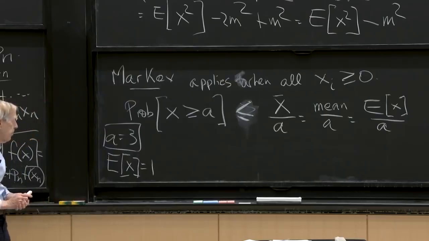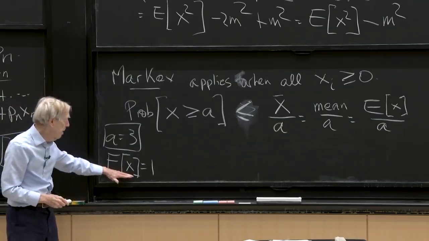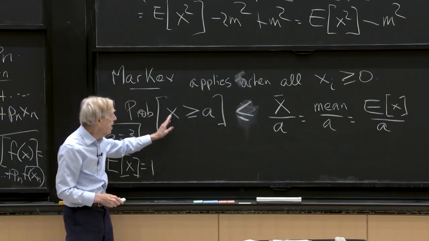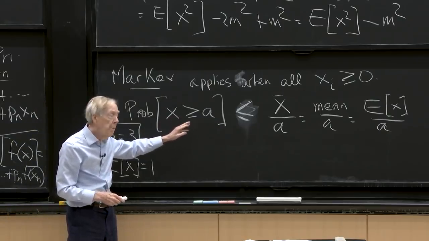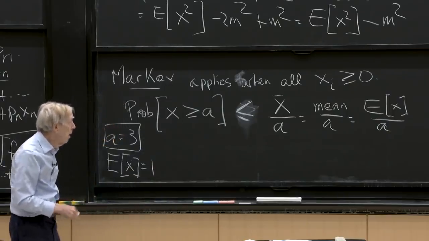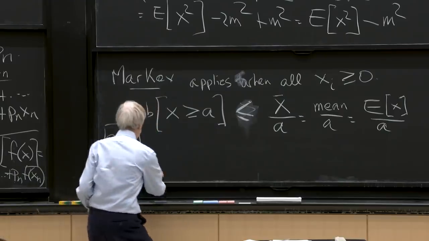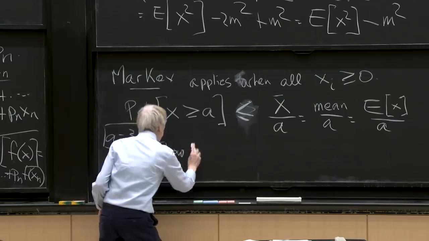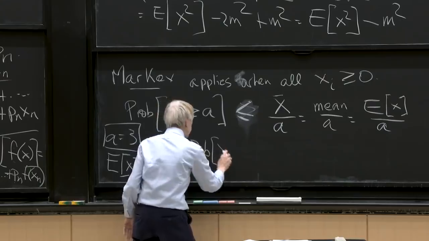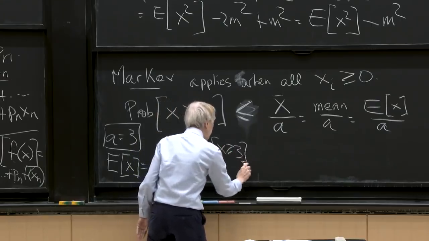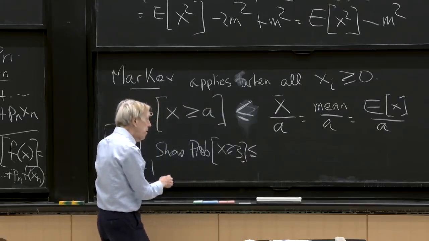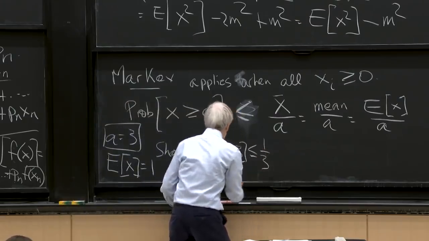So I'm going to imagine that the mean is 1, and that I'm asking for what's the chance that x will be bigger than 3, and I'll get an estimate of 1/3. So I'm trying to show that the probability of x greater or equal to 3 is less or equal to the mean, which is 1, over a, which is 3, so it's less or equal to 1/3.